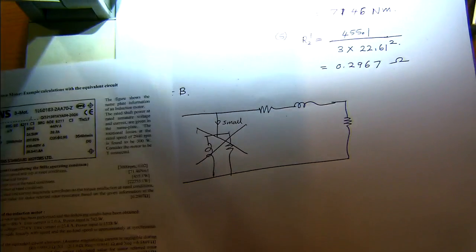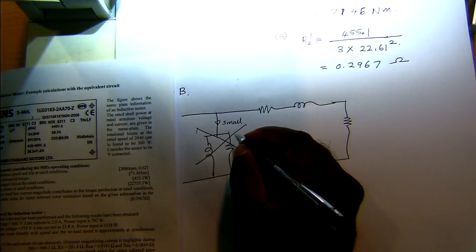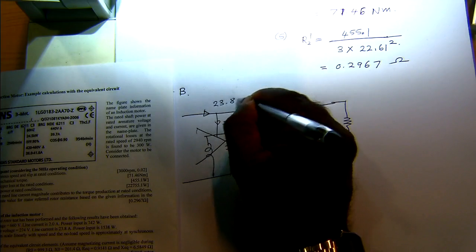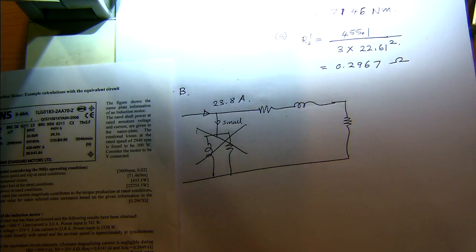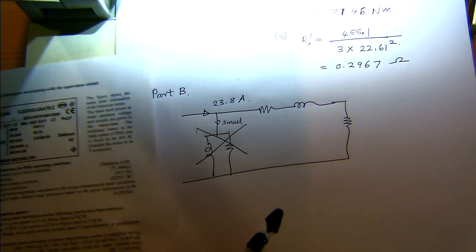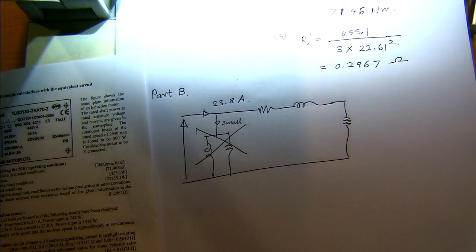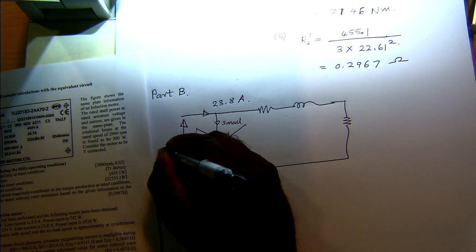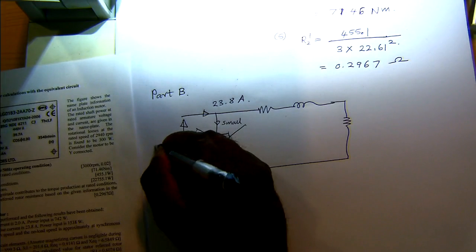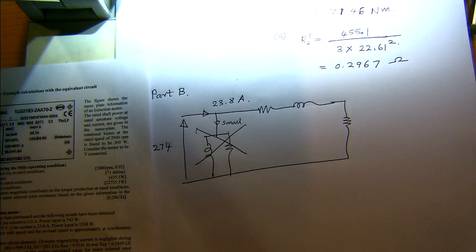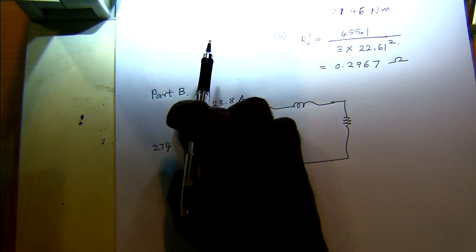And then the current is given as 23.8 amperes. And then you are feeding in a line-to-line voltage of 274. So this is like star connected. So this voltage, this is the per phase voltage.